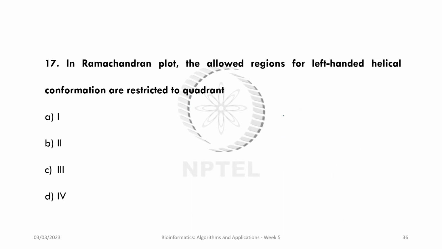In Ramachandran plot, the allowed regions for left-handed helical conformation are restricted to quadrant. Okay, two people for A, which is first quadrant.